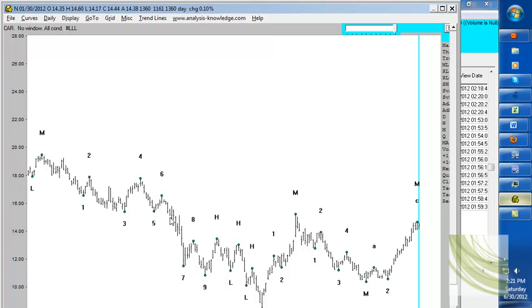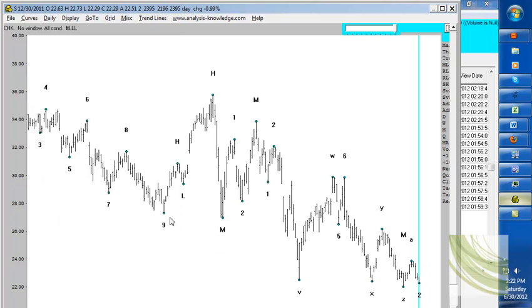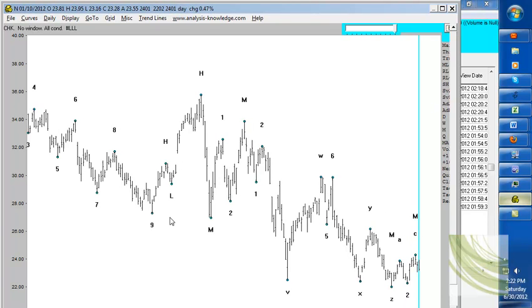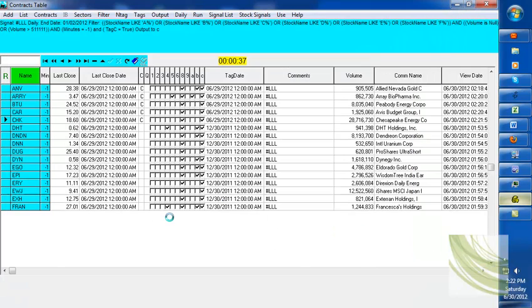And here we're at 14.15 bucks. That's not bad. So this one here, CHK. Yep, this one had it too. Oh, no, closed below. Oops, got kicked out. Losing trade. That happens.